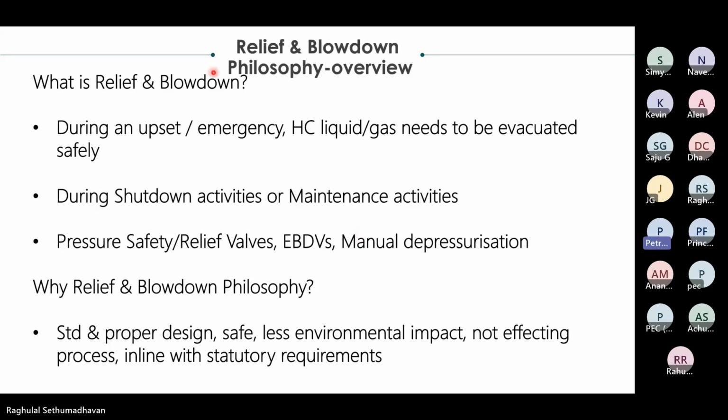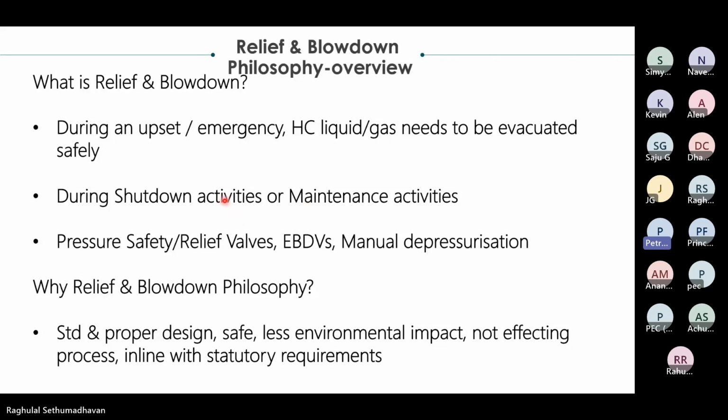Next philosophy is relief and blowdown. During an upset or emergency, the hydrocarbon liquid and gas need to be evacuated safely to either the closed drain or the flare system. During a shutdown activity or maintenance, you'll anyway have to depressurize the whole system.